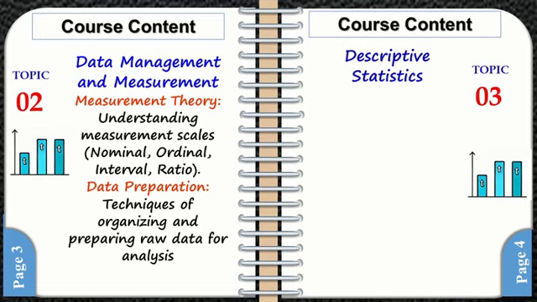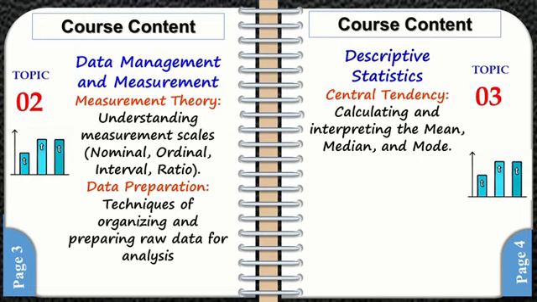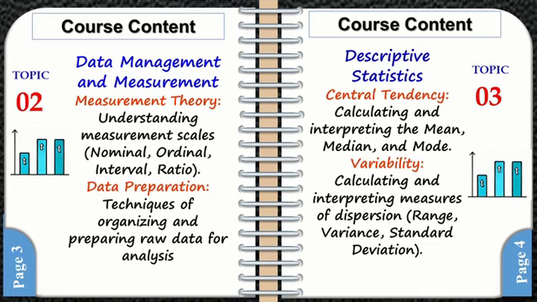Topic number 3, descriptive statistics. In descriptive statistics, we are going to look at 2 subtopics. The first one is central tendency. We will be calculating and interpreting the measures of central tendency, which include mean, median, and mode.